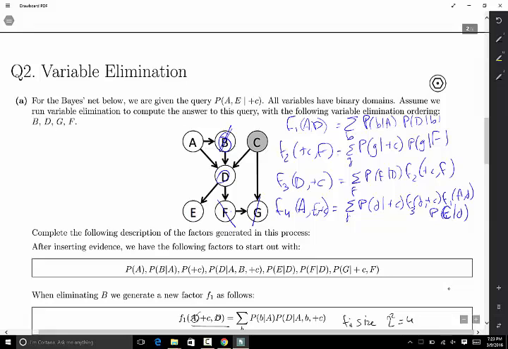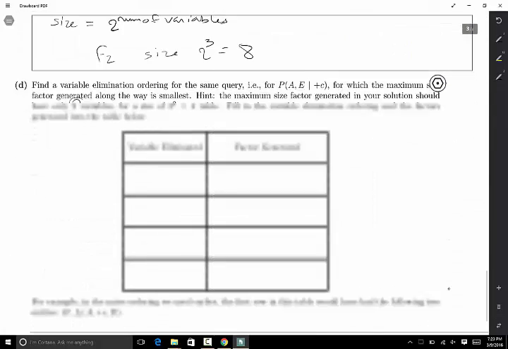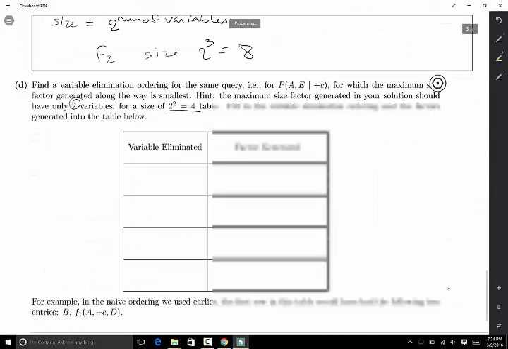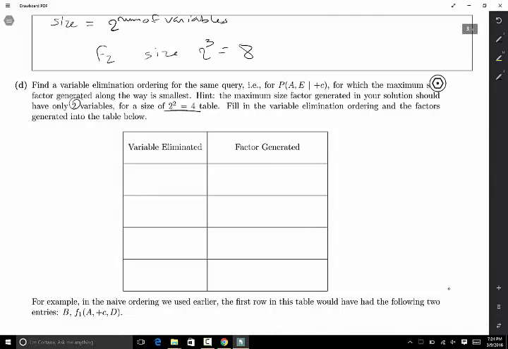So this factor is also size 4. And so we've limited the size of the maximum factor to be 4 or fewer.